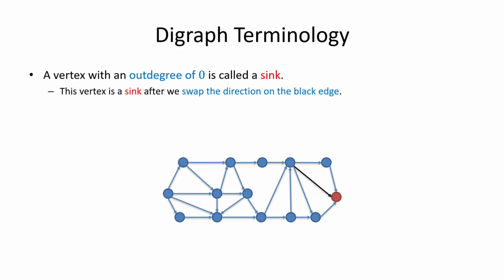This one had 0 until I flipped it around. But we could also have more, and it's quite easy to see. I could just add another vertex here and put an arrow to it, and put another vertex here and put an arrow to it. Any more vertices I add that have only one arrow to them, or even any number of arrows going to them, as long as they have no arrows exiting them, will all be sinks. Okay, so sources and sinks are useful concepts in a digraph.